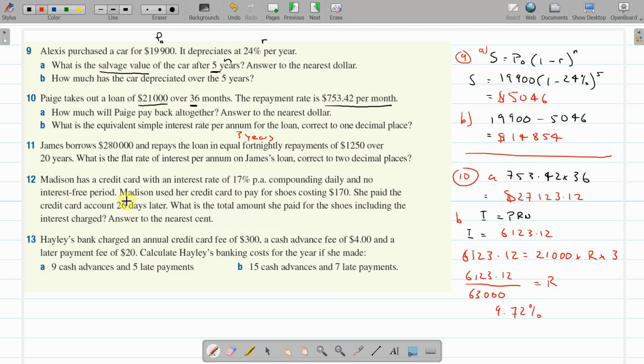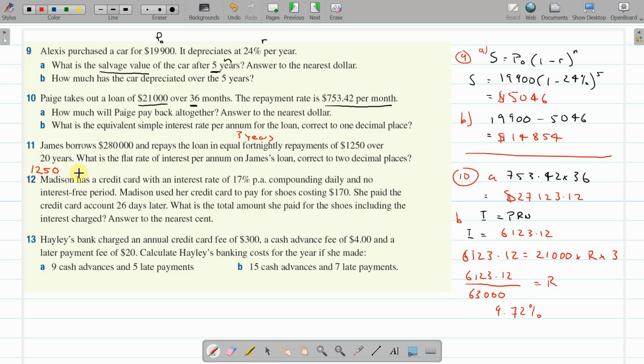Okay, running out of space a little bit, so I'm going to do question 11 here. James borrows $280,000, repays the loan in equal fortnightly payments of $1,250 over 20 years. That's a lot of payments. Per fortnight. And so what's the flat rate of interest? So we're going to do something similar, except a couple of extra bits of calculating. What's he pay?